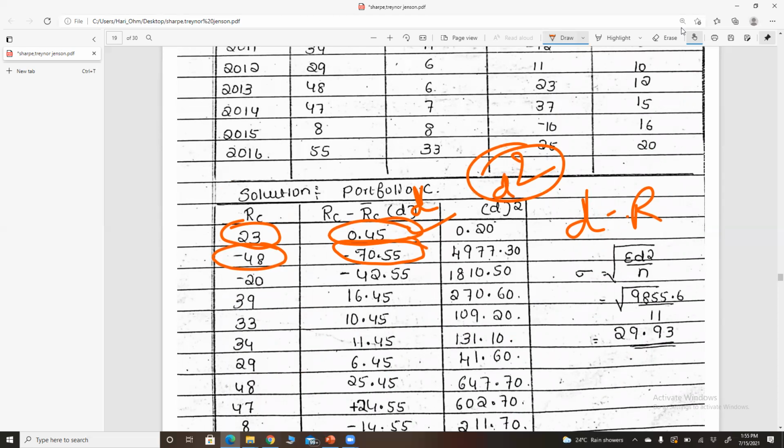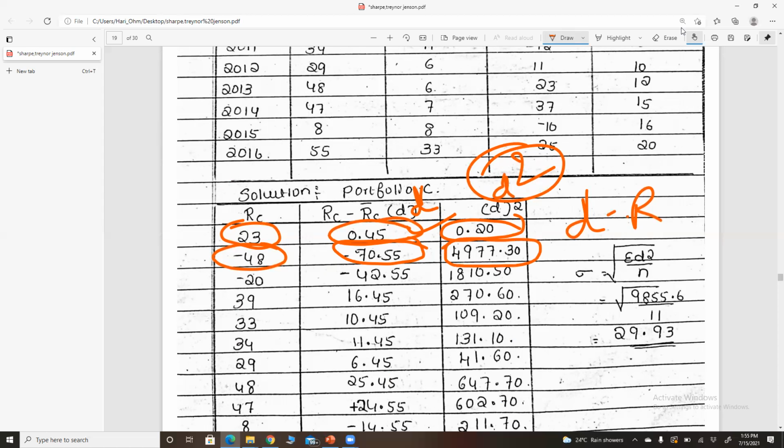0.45 into 0.45, so it is 0.20. Then next, minus 70.55 into minus 70.55.